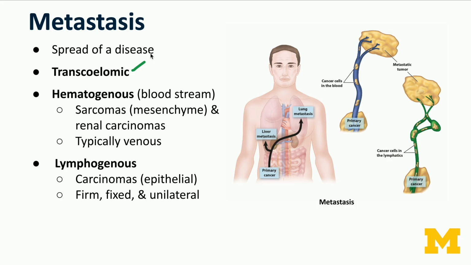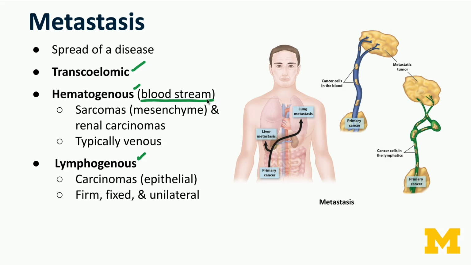But the two more popular routes are hematogenous and lymphogenous. Hematogenous metastasis is movement of the disease through the bloodstream, whereas lymphogenous metastasis is through the lymphatic system.